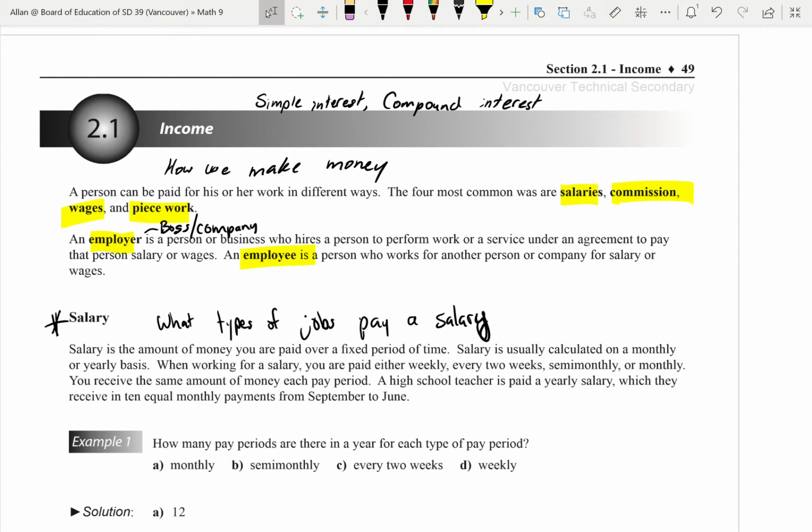It says salary is the amount of money you are paid over a fixed period of time, and salary is usually calculated on a monthly or yearly basis. When you're working for a salary, you're either paid weekly, every 2 weeks, semi-monthly, or monthly. The key bit of information here is that you receive the same amount of money each pay period.